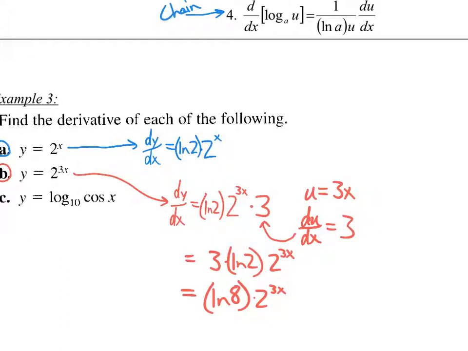It's totally up to you. Wait, but you're saying 3 times ln 2 times 2 to the x is equal to that? Yes, because you could bring the 3 in as an exponent, remember? Oh. Bring it into the natural log as an exponent.